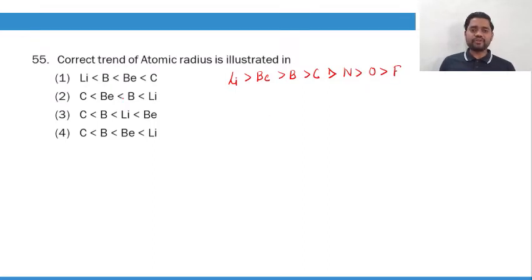Clear? So lithium, beryllium, boron. See, this is first of all decreasing, so not the right answer. Again, lithium, boron. It has to be beryllium, not the right answer. Lithium, beryllium, boron, carbon. Here it is showing beryllium, not the right answer, and hence I'll go with option number 4. So question number 55, option number 4 is the right answer.